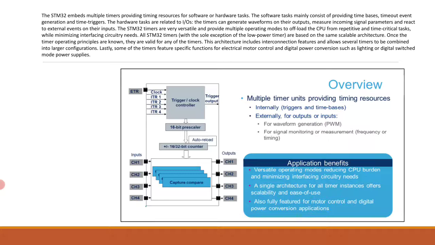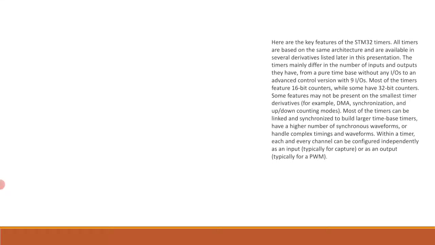Lastly, some of the timers feature specific functions for electric motor control and digital power conversion, such as lighting or digital switched mode power supplies. So, some of the key features. Here are the key features of STM32 timers.